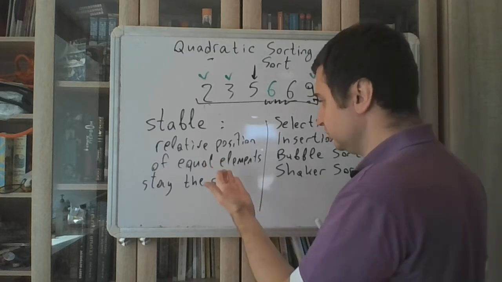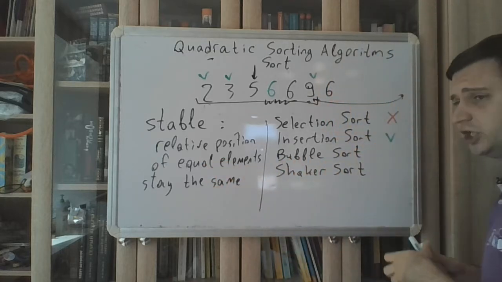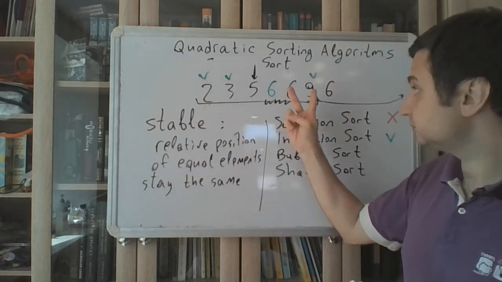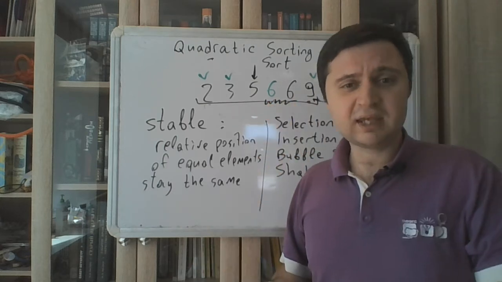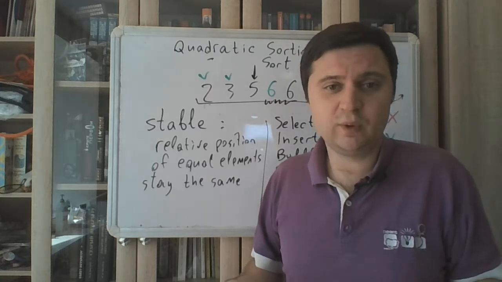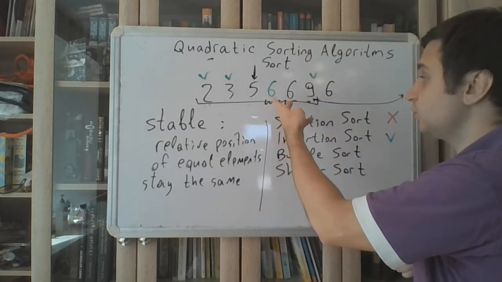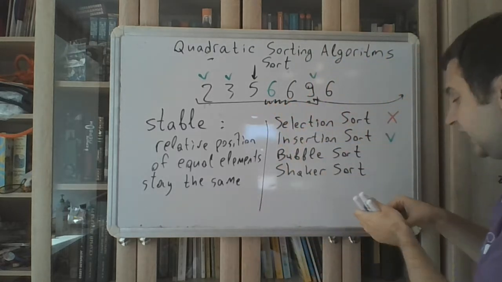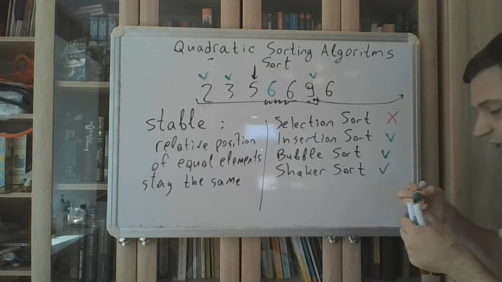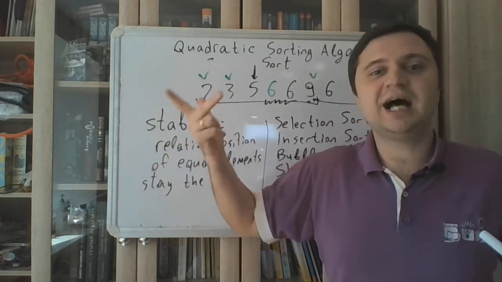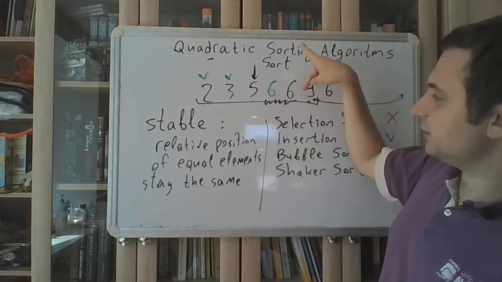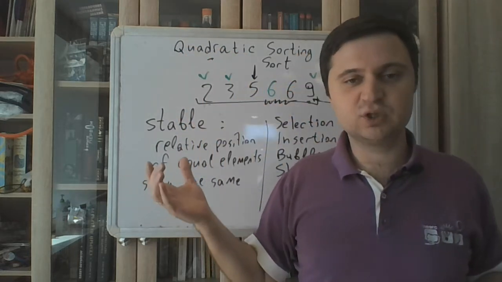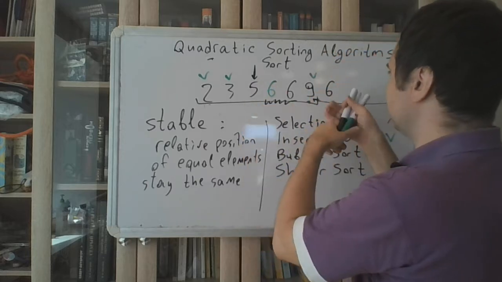Of course, if you implement bubble sort and shaker sort and you see two equal elements, you don't do the swap. It's inefficient, it's extra work. Why do it? So you don't swap them. In fact, any algorithm that works with neighboring pairs and doesn't do the stupid work of swapping equal elements will leave the order of the 6s.